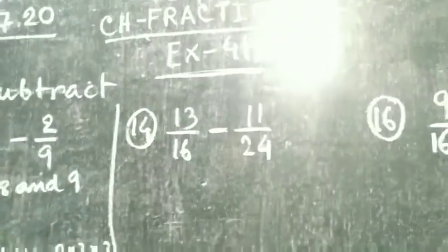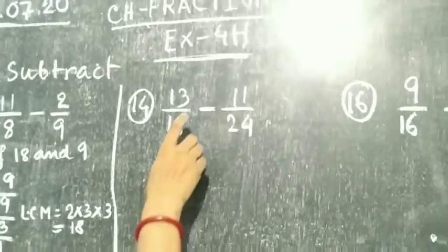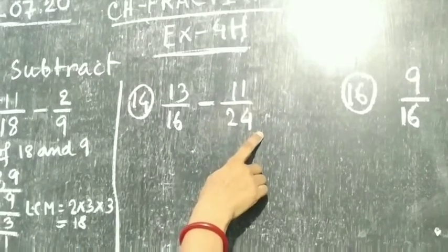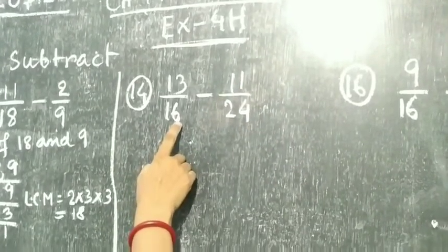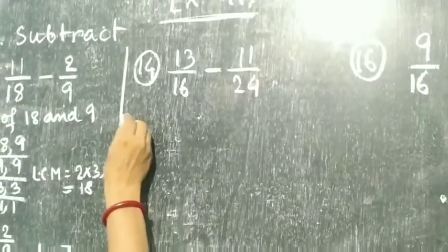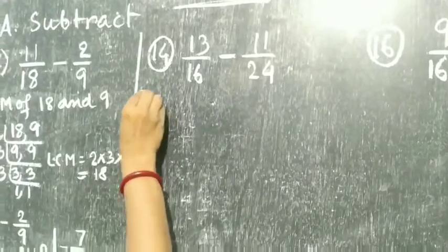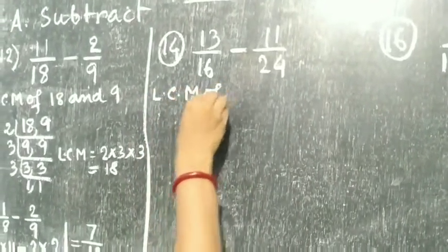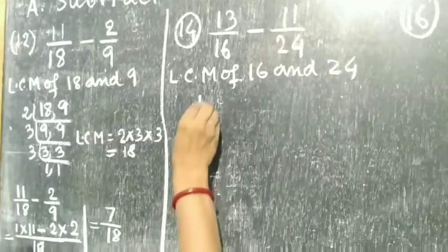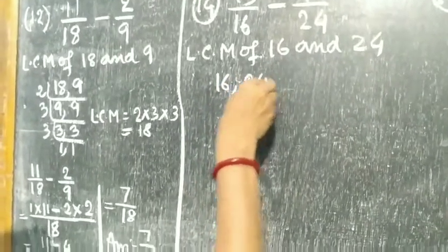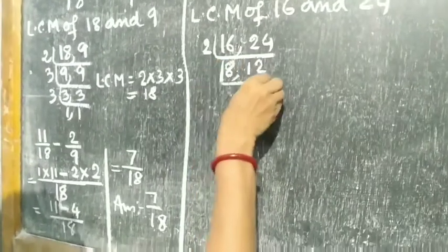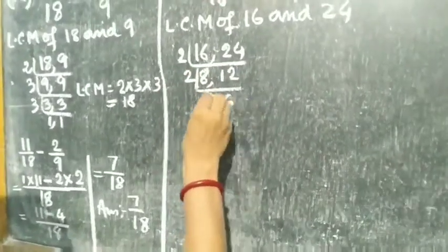Next, let us do sum number 14, that is 13 by 16 minus 11 by 24. Now children, let's take the LCM of the denominators 16 and 24. Here also I shall use the repeated division method. So LCM of 16 and 24. Divide them by 2: 8, 12. Again divide by 2: 4, 6.